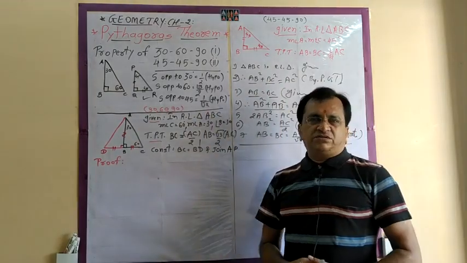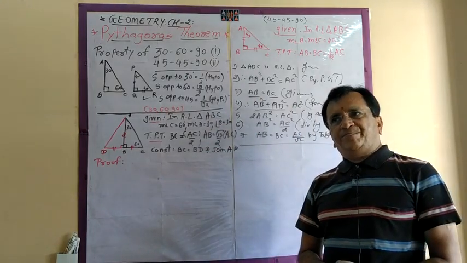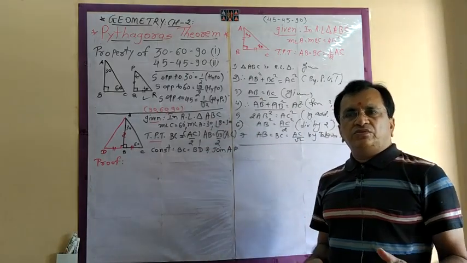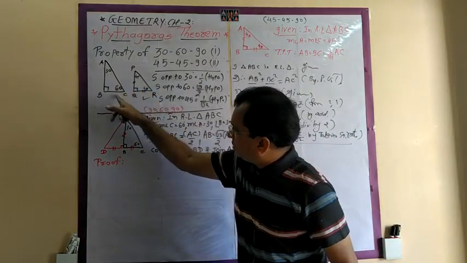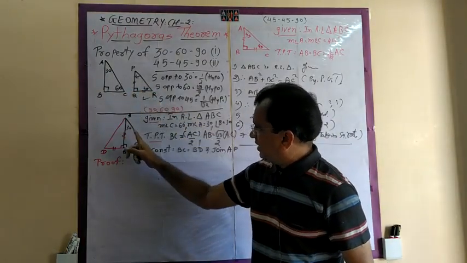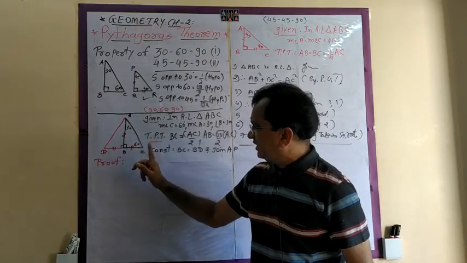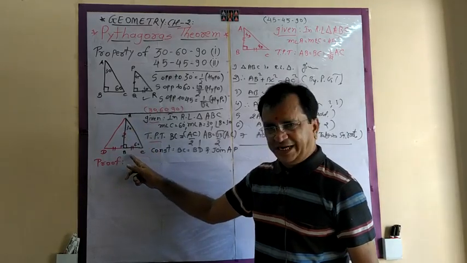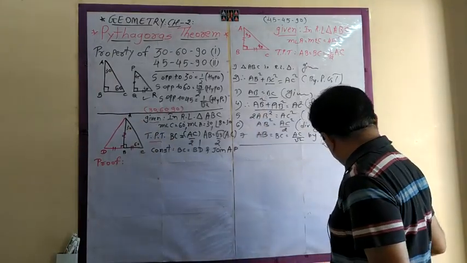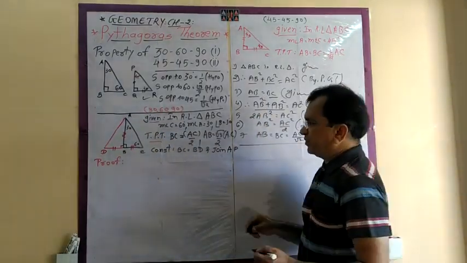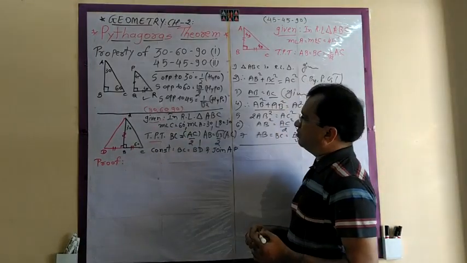Now next 30 60 90. First we will prove opposite to 30 is half of the hypotenuse. Here I have taken ABC. A is 30, B is 90, C is 60. Opposite to 30 side means BC is half of the hypotenuse, so AC. So we have to prove. What is given?